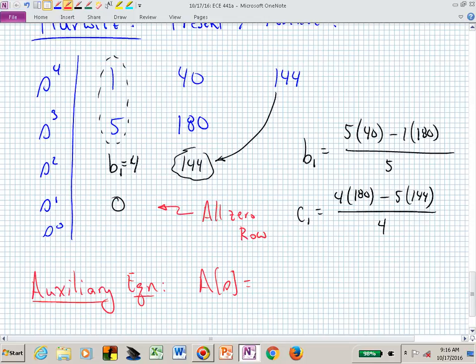And it's nice, I think, to have this bookkeeping on the left, because now I know that very first coefficient is associated with an S squared. It's the coefficient of S squared. My auxiliary polynomial then is 4S squared plus 144S. Is that right? No. What's that 144 corresponding to?